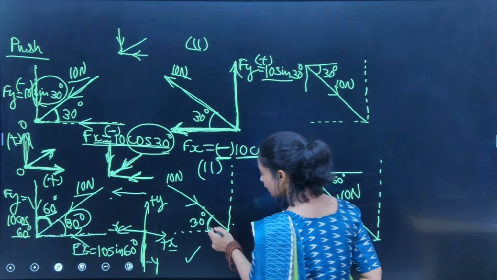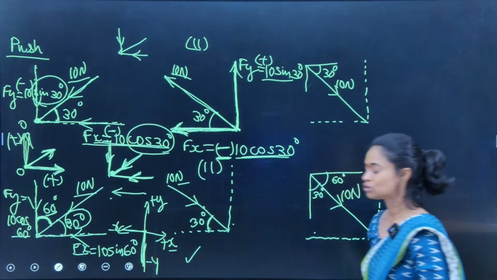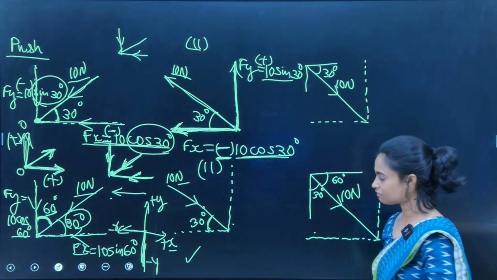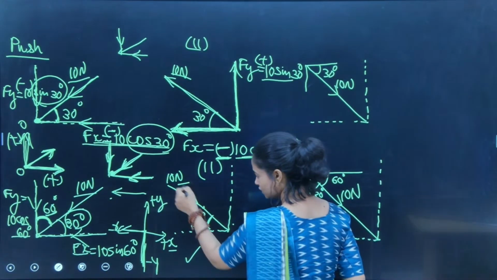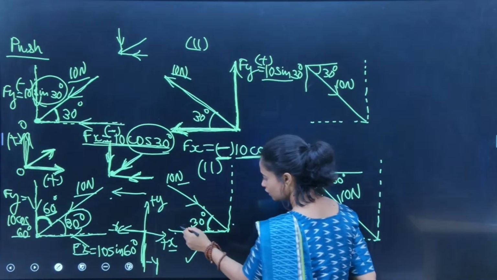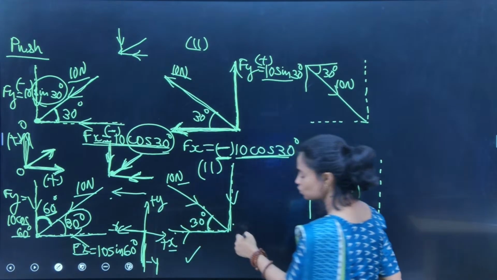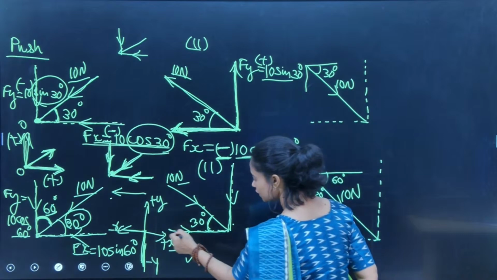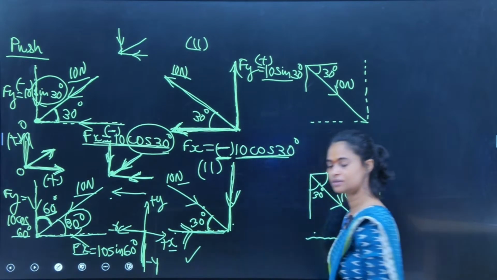Angle is 30. Magnitude of force is 10. Right? Like the previous. So in this case, how can we find its components? One thing, force is push type in nature, so components will be push type in nature. The force is coming towards the point, so the components will also be coming towards the point. Clear?